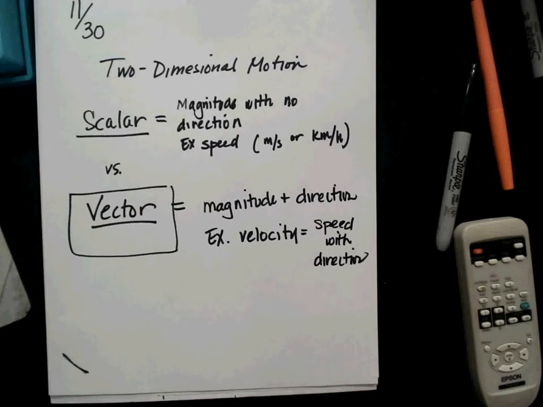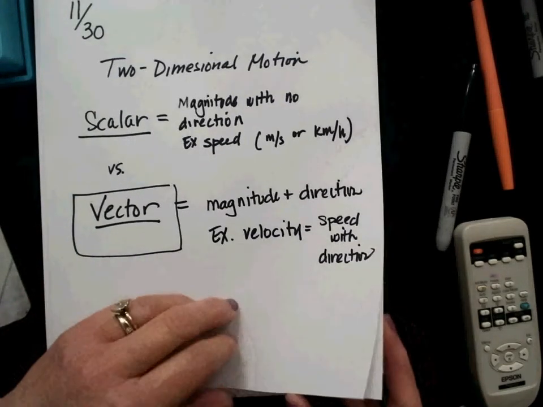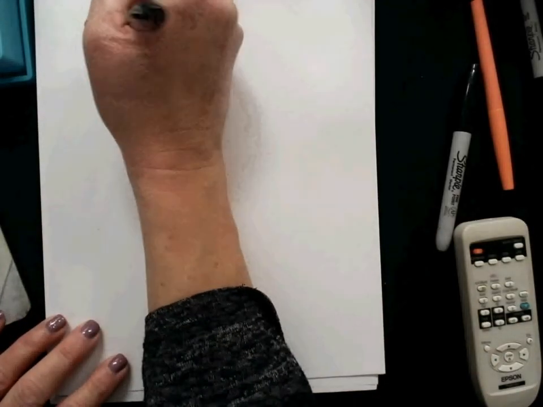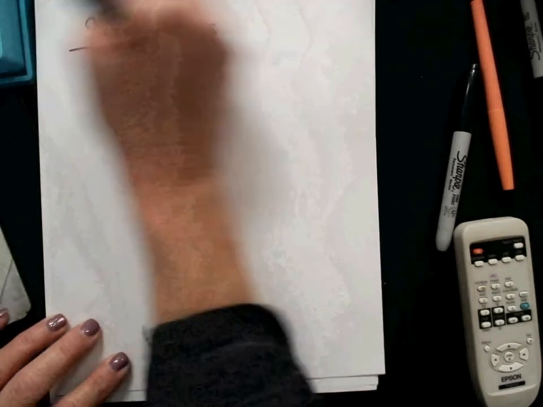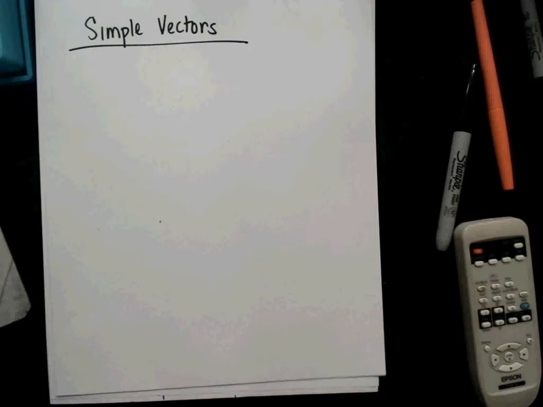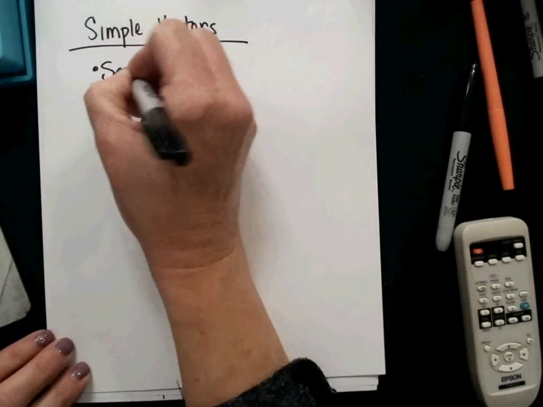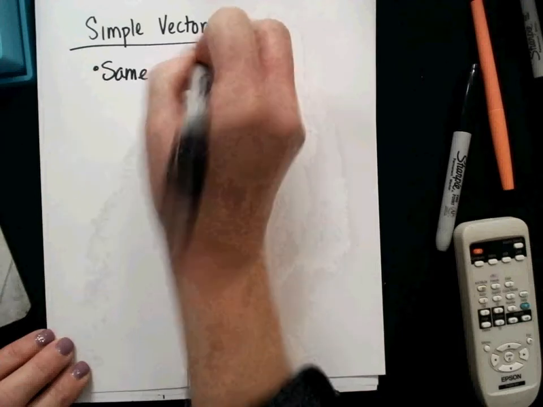Now let's think way back to when we worked with vectors before, just simple vectors. Remember we drew them out and then we did some algebraically. If I have simple vectors in the same direction, what did we do with those?